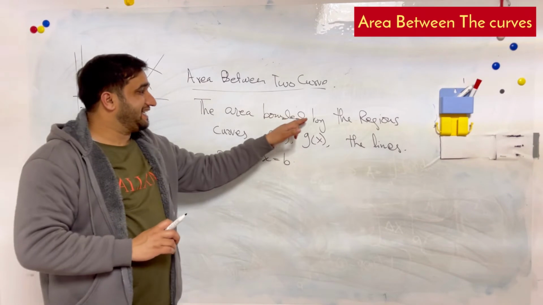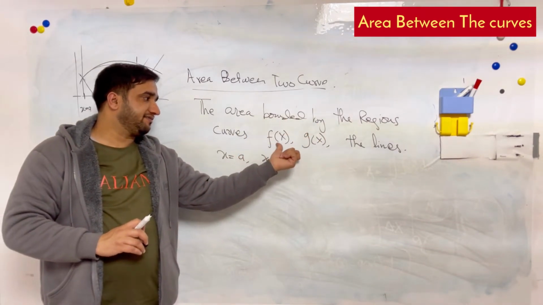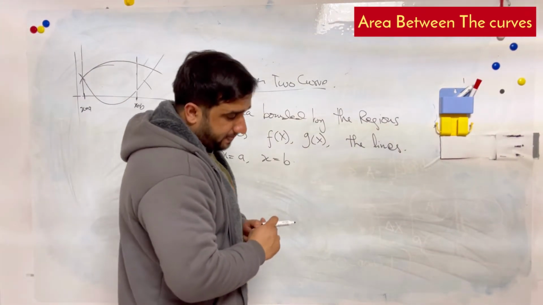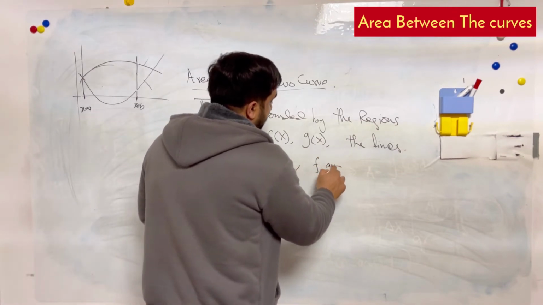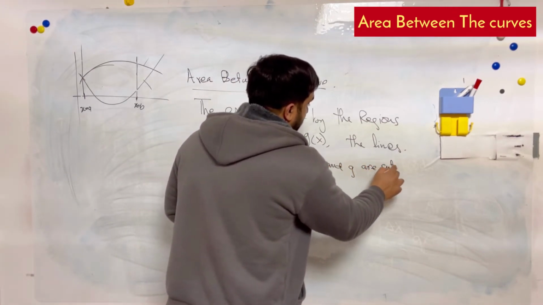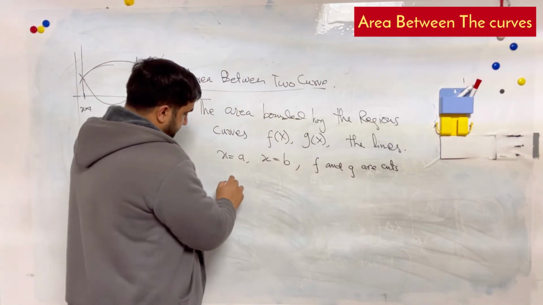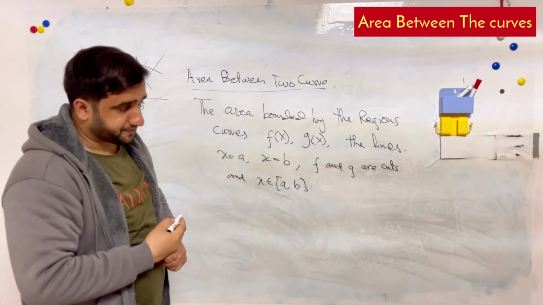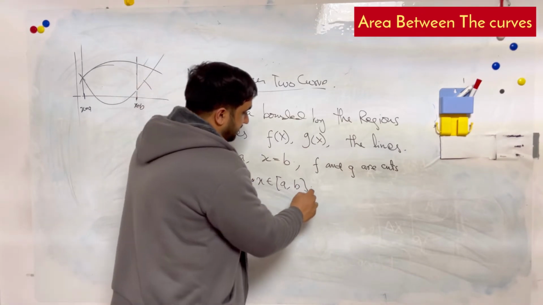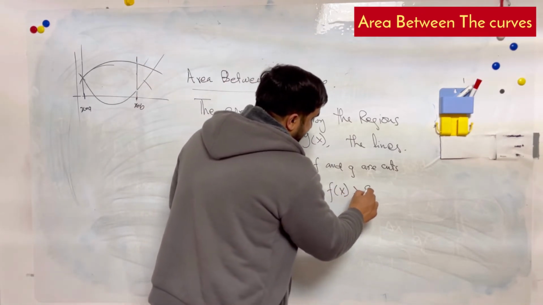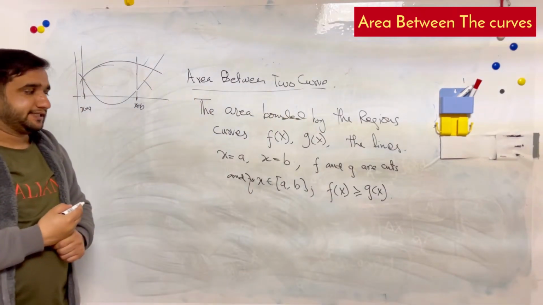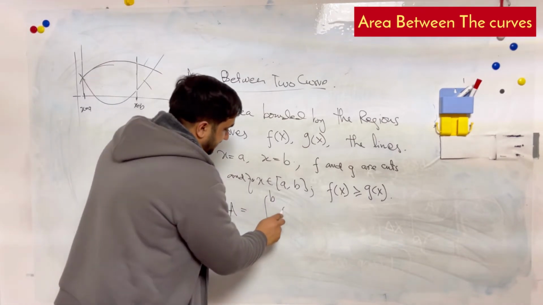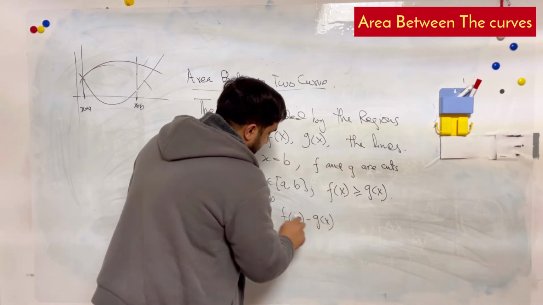So the area bounded by the region framed by the curves f of x and g of x between the two points x equals A and x equals B, such that f and g are continuous and for x in AB, f of x is greater than or equal to g of x, is defined by the integral from A to B of f of x minus g of x dx.